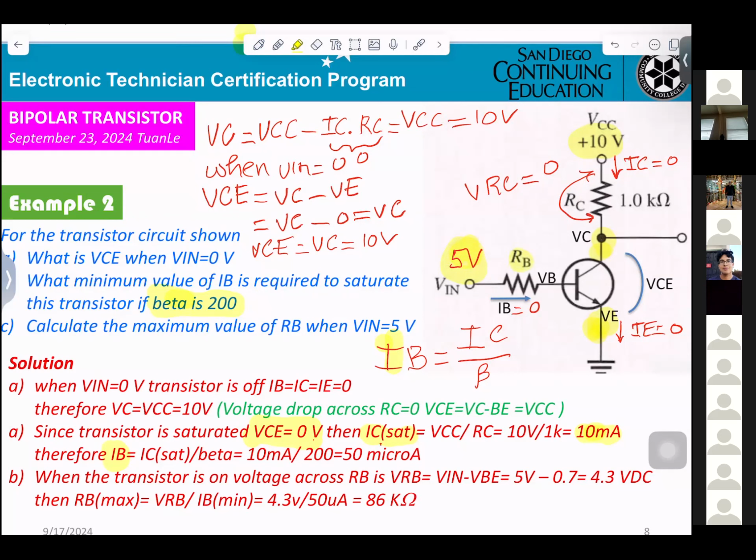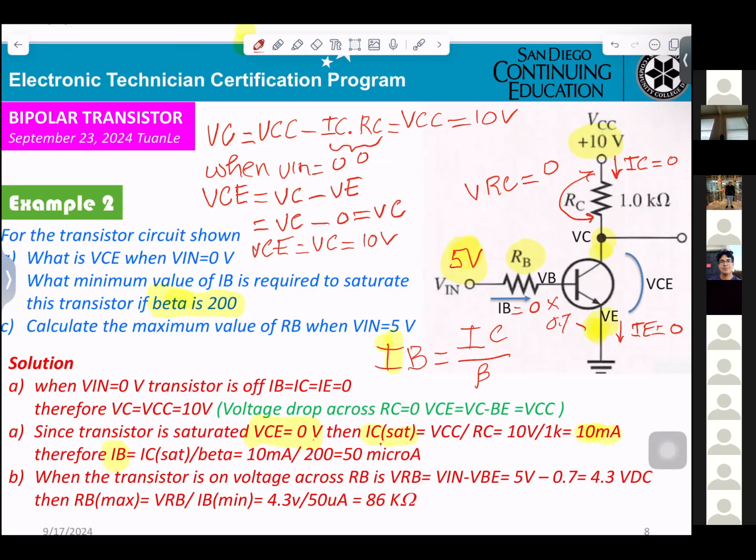That means they don't know the value here, but they give you 5 volt here. Then basically, the diode here is on.